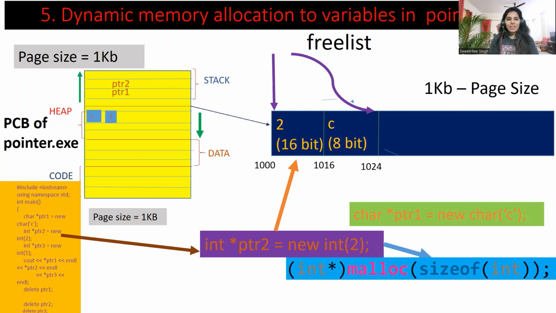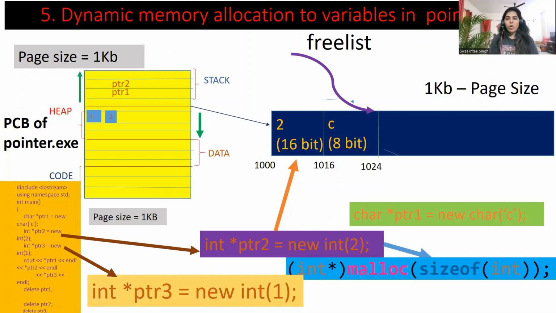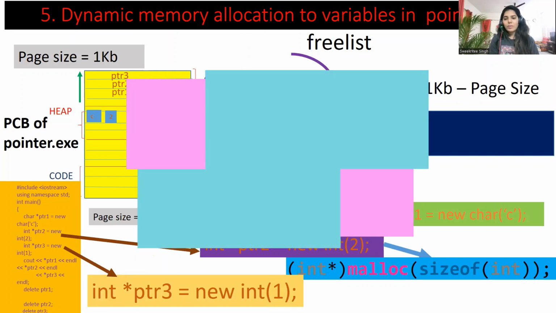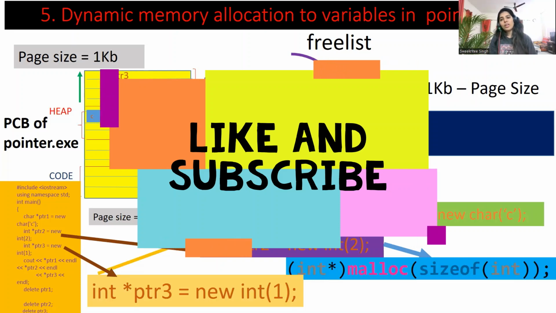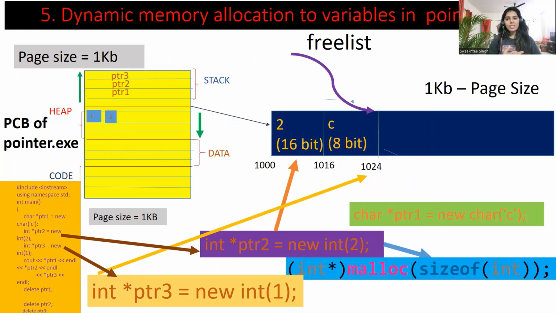Then the next statement, PTR3 equal to new int, is called. Again, the call to malloc happens, and PTR3 is allocated memory in the stack. Now the call to malloc requests the OS to allocate memory of 16-bit, and the OS checks into the allocated page if any memory of 16-bit is available.